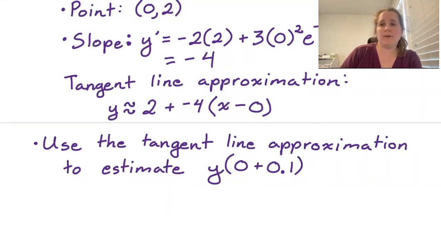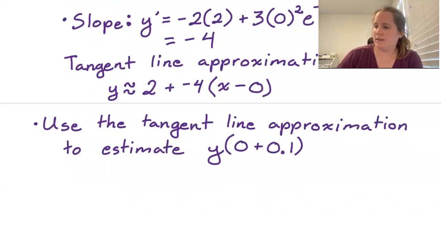So we just found our tangent line approximation. So if we plug in, again, 0 was our initial x value, and 0.1 was our step.